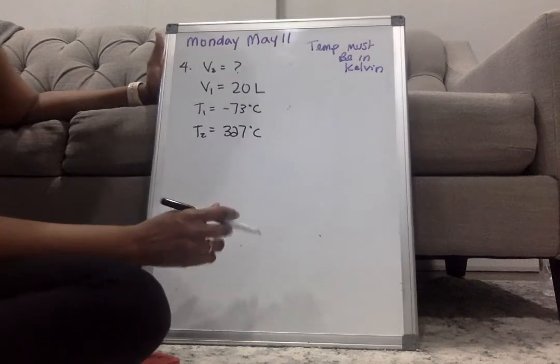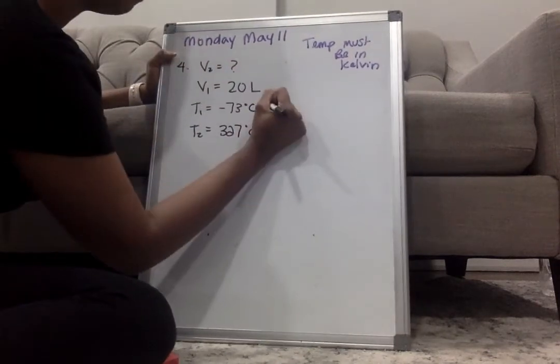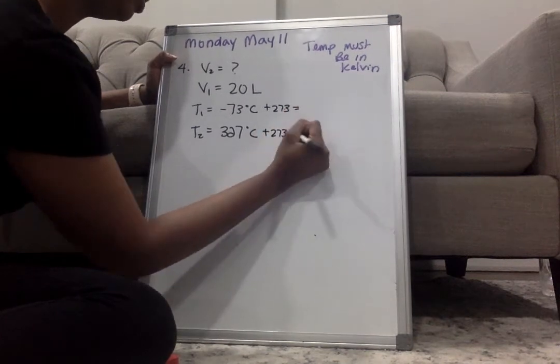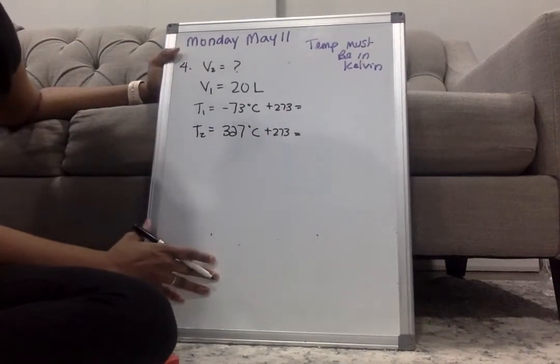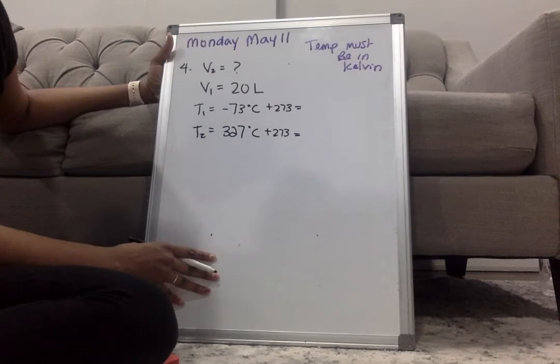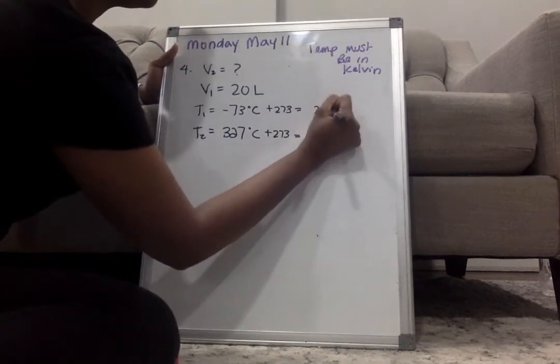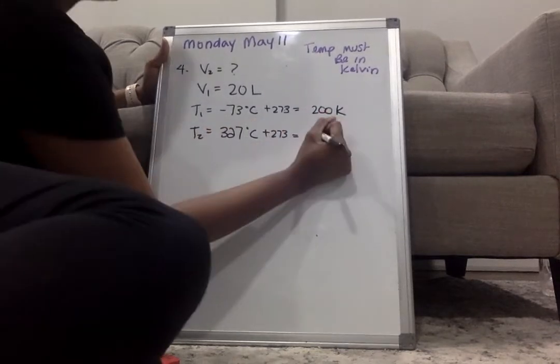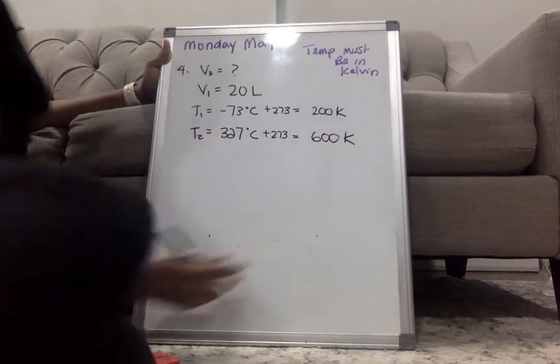We don't need Celsius. It needs to be in Kelvin, so I'm going to add 273 to convert it into Kelvin. So T1 now is going to be 200 Kelvin, and T2 is going to be 600 Kelvin.